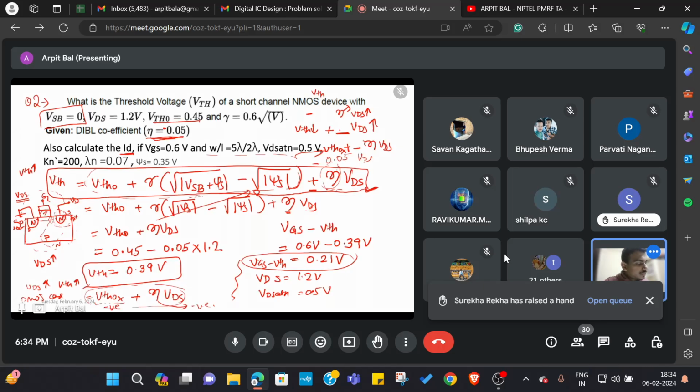Okay, so here Kn dash is given to us as 200, lambda n is given to us as 0.07, psi s is 0.35, and W by L is equal to 5 by 2.